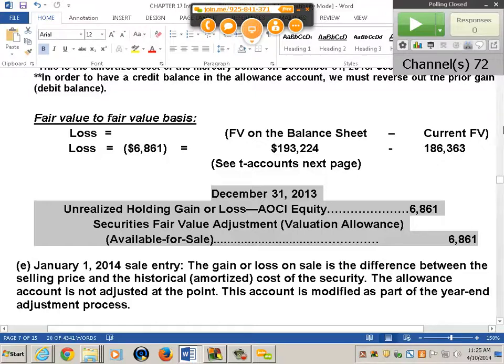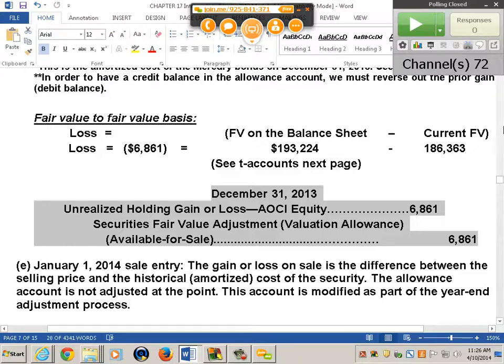It's not correct, I know that. But if you didn't make the adjustment yet, this is one way I do it. Either way, whatever you're comfortable with. I sometimes like to do it like this because it avoids going back to the balance sheet and playing with the allowance account. It's pretty direct. What I'm saying is, okay, I've got amortized cost of 189,849.